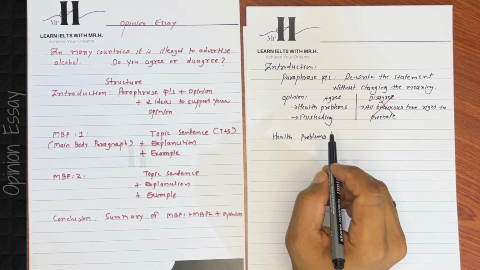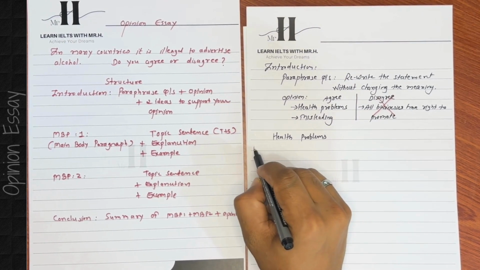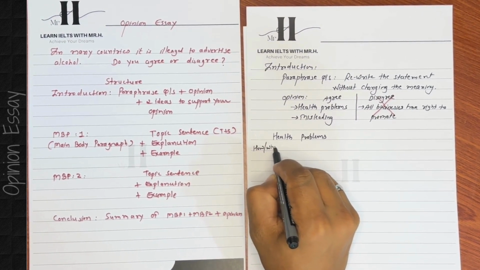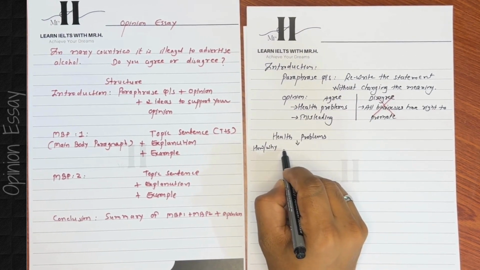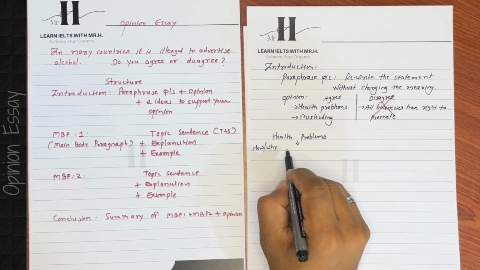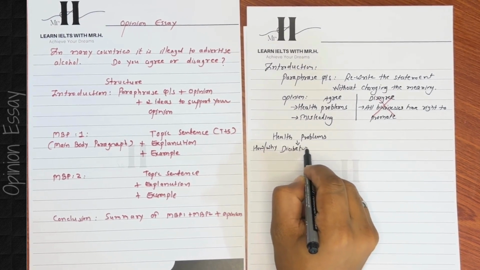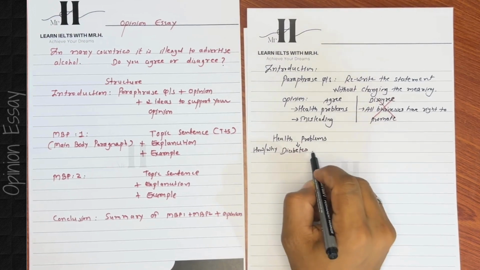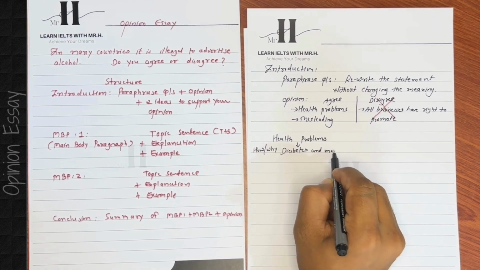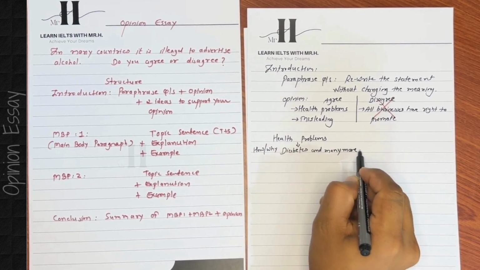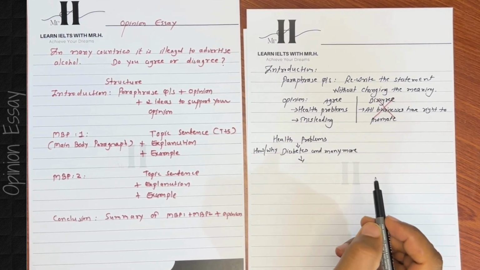The first idea we have derived is health problems. So we will prepare the flow chart. First is what sort of health problems you are going to get. It's kind of diabetes and many more lifestyle diseases. What does it lead to?